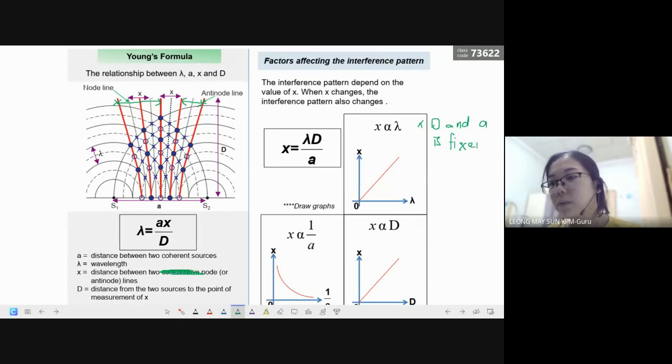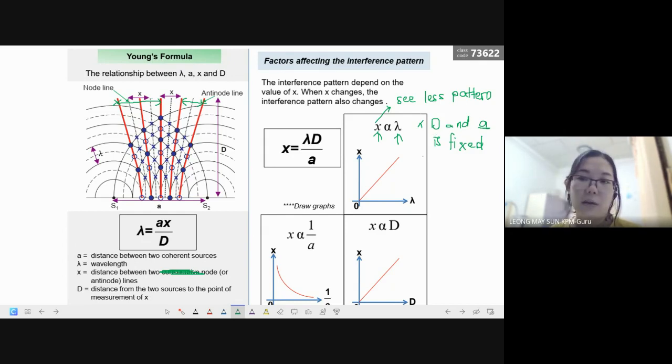When the distance between the two coherent sources is fixed, as the wavelength increases, x will increase. When x increases, we will actually see less pattern. Take note. When x increases, we will see less pattern.